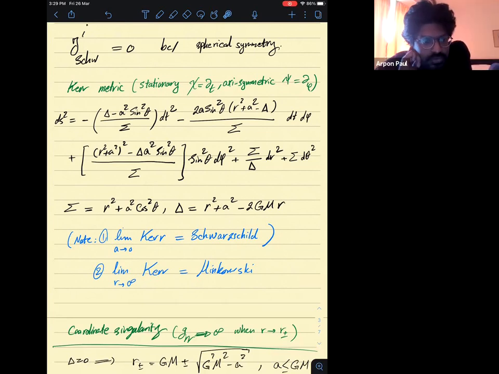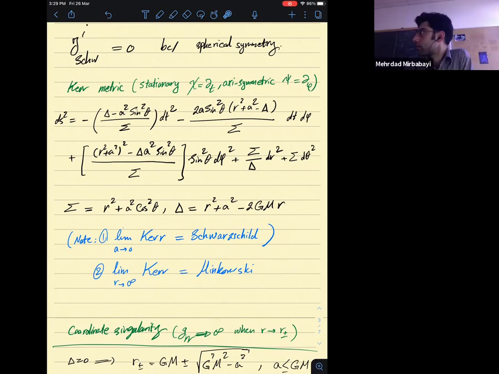One question, Professor. Can we conclude that inside the ergosphere the metric signature is changed? I mean, it's not the Minkowski signature. No, you cannot conclude that.